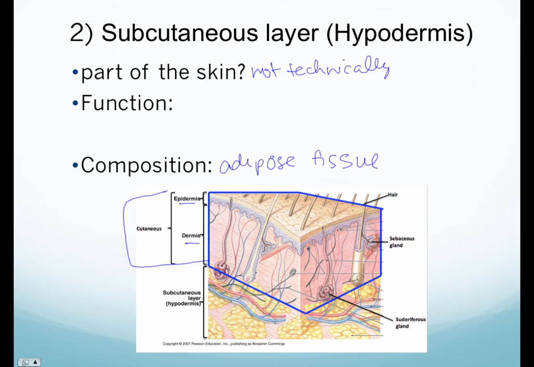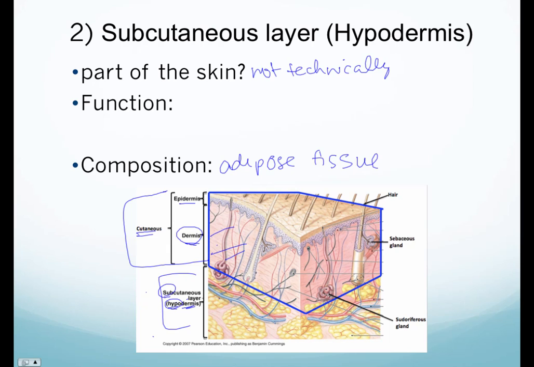And then also we can give this layer two different terms: subcutaneous, sub meaning below, and then hypo meaning below as well. So subcutaneous is a layer below the cutaneous membrane. Dermis is this layer over here, so hypo also meaning below or underneath. So hypo, right below or underneath that dermal layer.